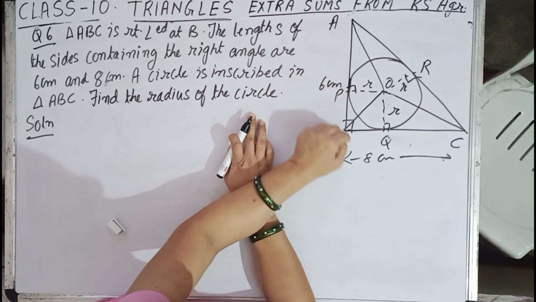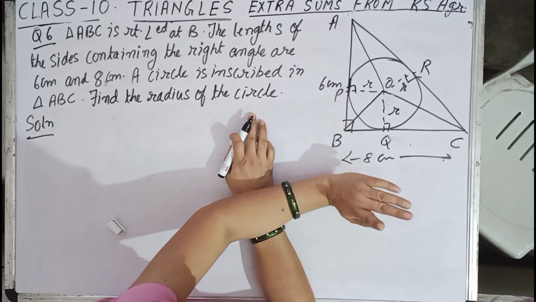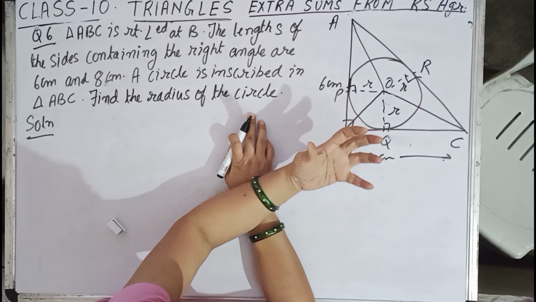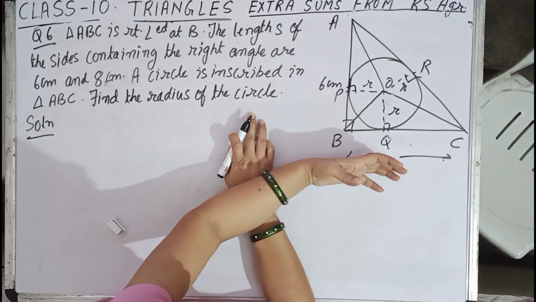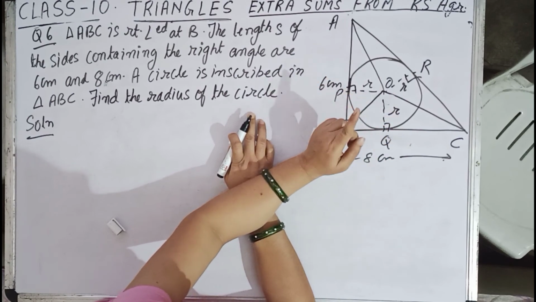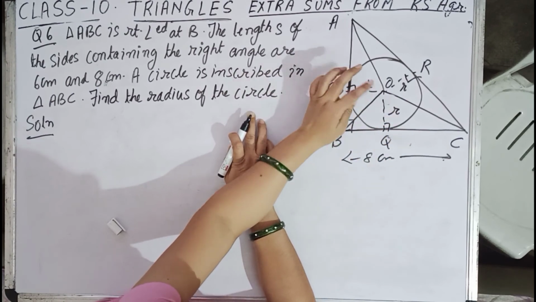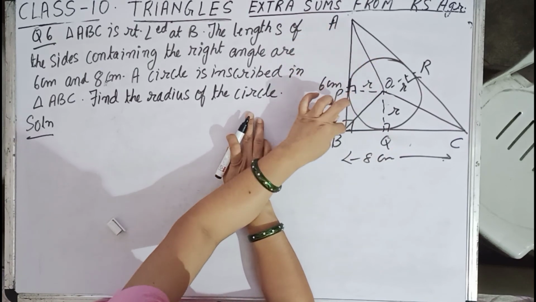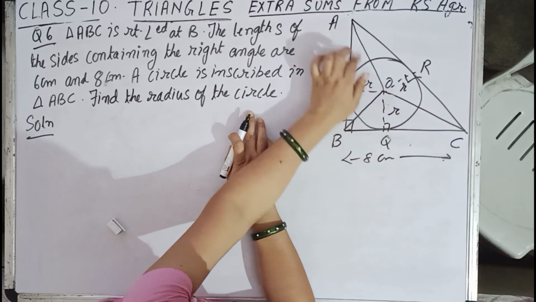Now the area of the triangle ABC we can find either by Heron's formula or half into base into height. Now we have one result in our hand, that is the area of triangle ABC. Now we will again find the area of triangle ABC using the concept that area of triangle ABC equals area of triangle AOB plus BOC plus COA.